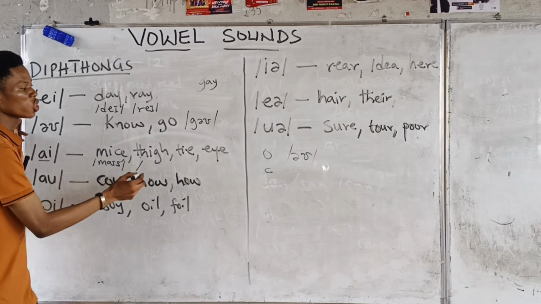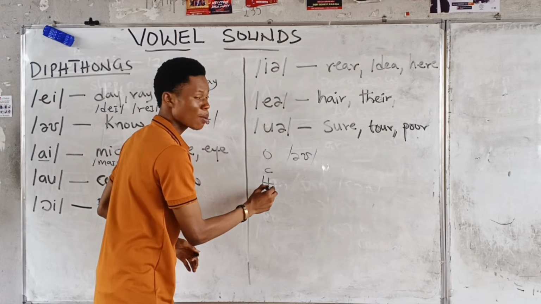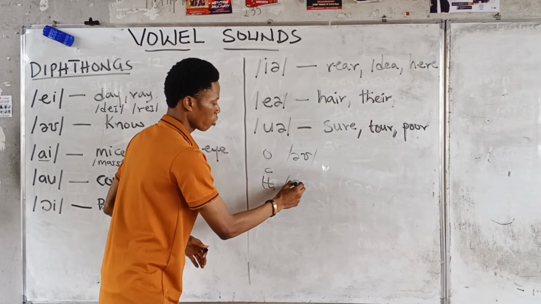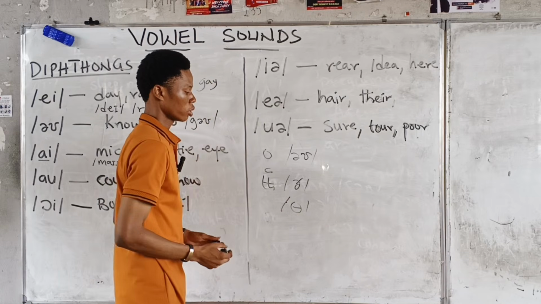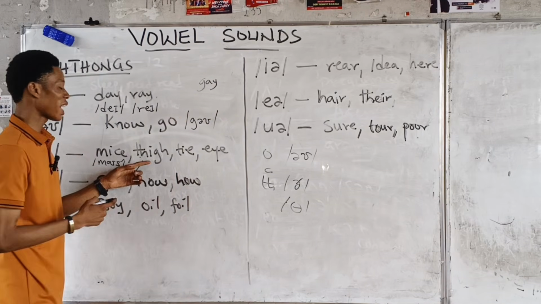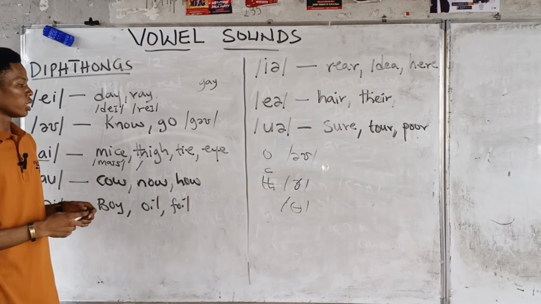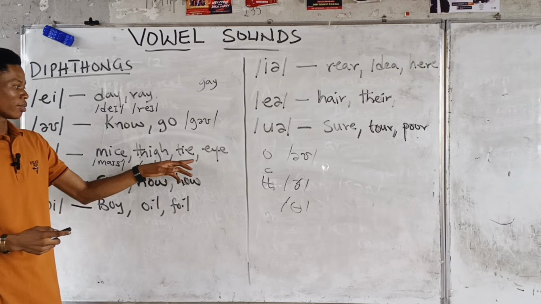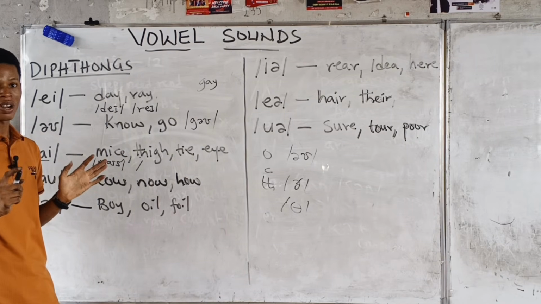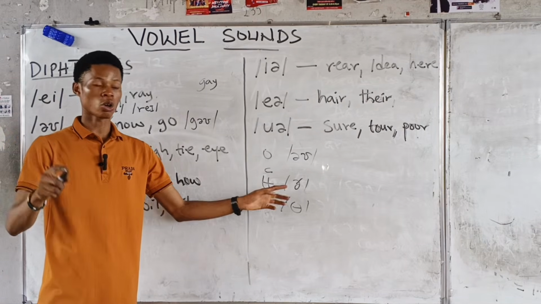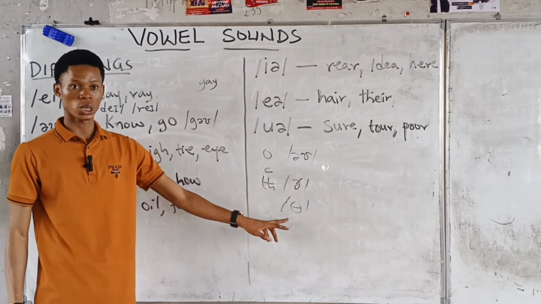Now this th is either pronounced as this or this. So this is what? Thigh, right? Thigh. This is what? I. We'll transcribe as we go on, but now we want to know the vowel sounds. We are coming to consonant sounds. I will see when to use this and this.